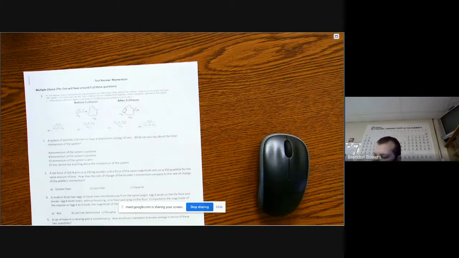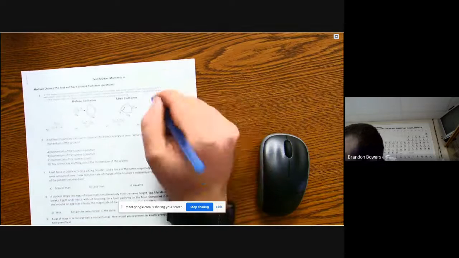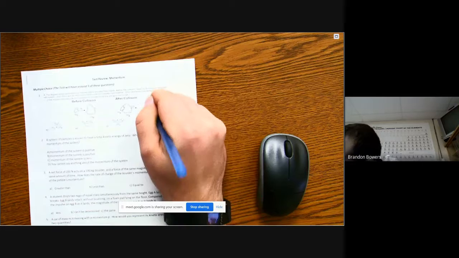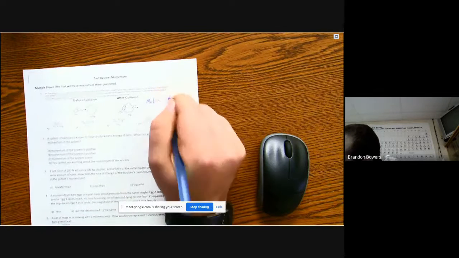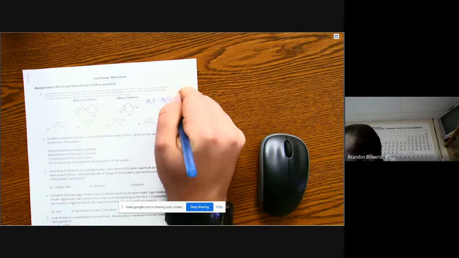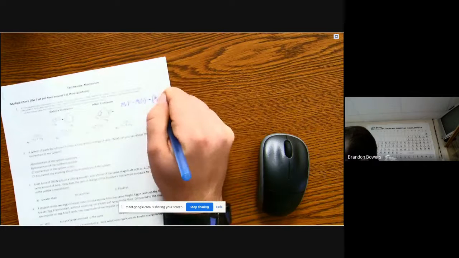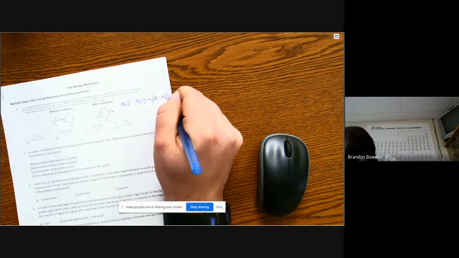Okay, well, after the collision, since they stick together, we're going to have mass of A times its initial velocity plus mass of B and its initial velocity is 0. After they stick together, you have mass of A plus mass of B times their final velocity.